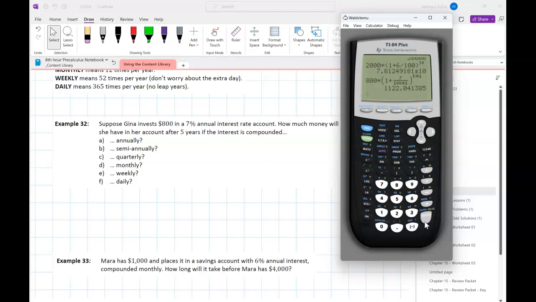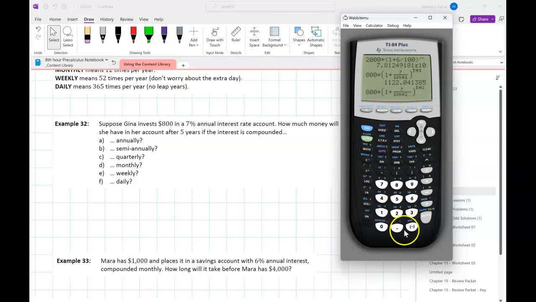So, $1,122 and some pennies, right? Now let's change that K to be 2. Are we going to get more money or less money than $1,122? More. How much more? What do you think? Like $10, $20, $100, 7 cents?